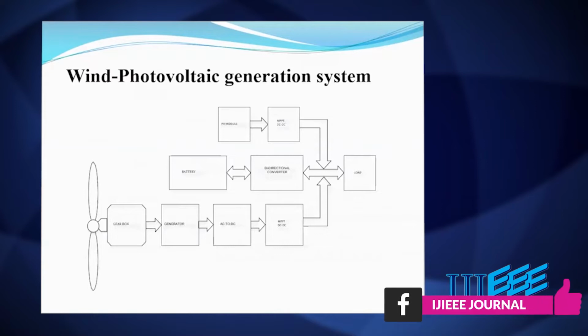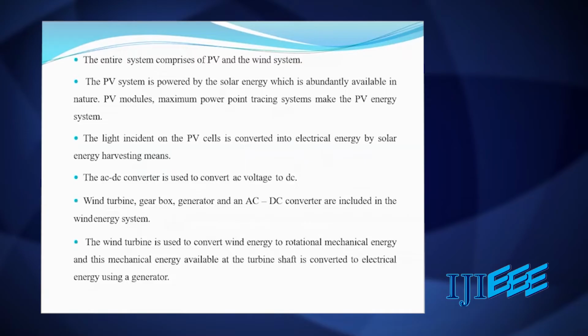This is the basic block model of the wind and photovoltaic generation system. The entire system comprises the PV and the wind system. Generally, the PV system is powered by solar energy, which is abundantly available in nature.